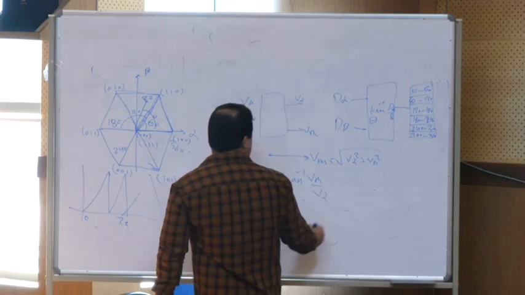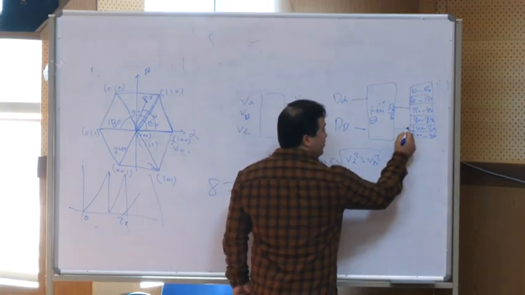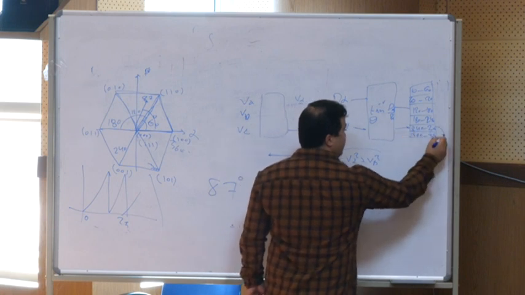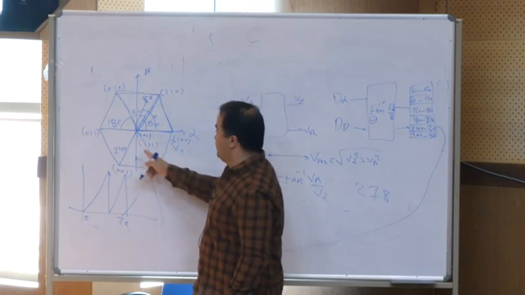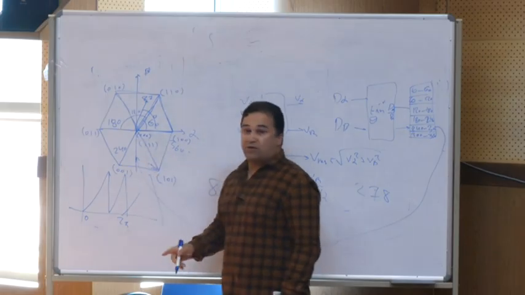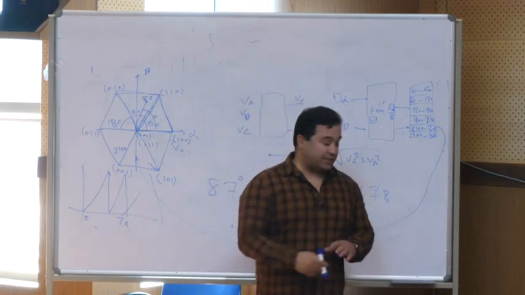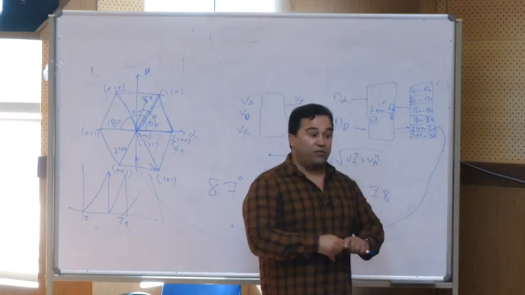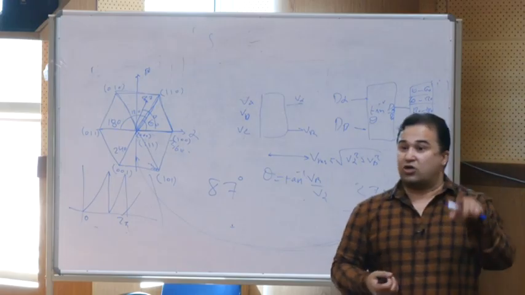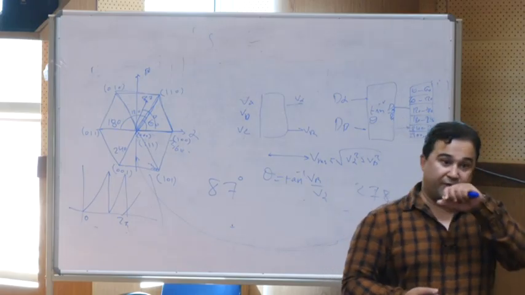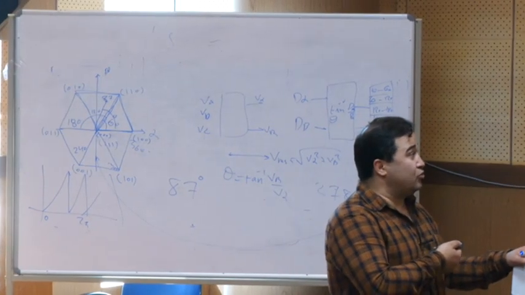So if theta is 278 degrees, it means that we should use this sector. So it goes to here. And the switching should be chosen by this, not randomly by any of these. So for this reason, for the alpha beta in a space vector, we normally transfer the duty cycle, or switching state function, from dq to alpha beta and give it to the space vector.